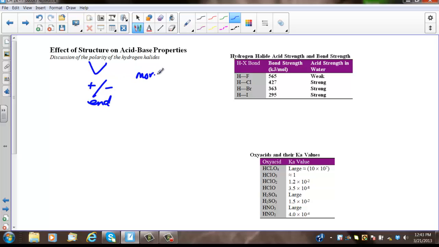So more polar equals stronger bonds. So what you can see in this first chart here is that HF has a very huge bond strength, so it's got strong bonds, yet it's weak in acid. So this would be more polar at the top, going toward less polar.